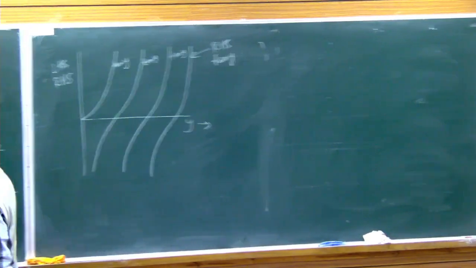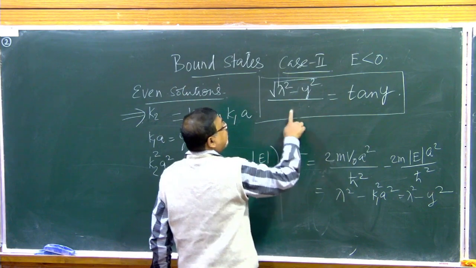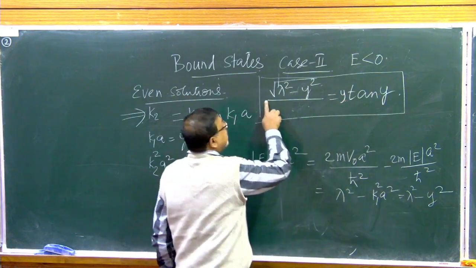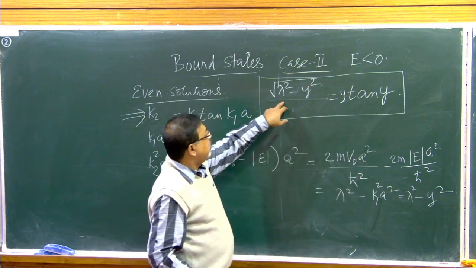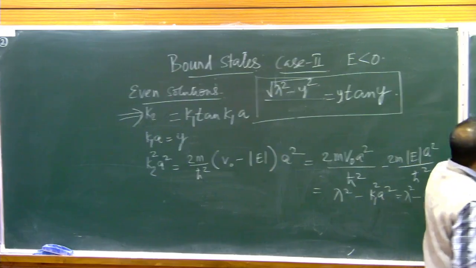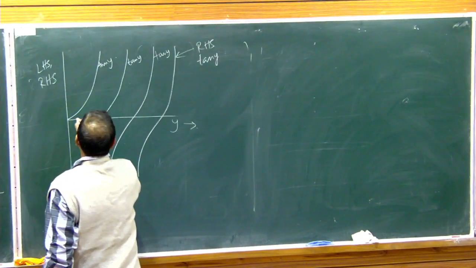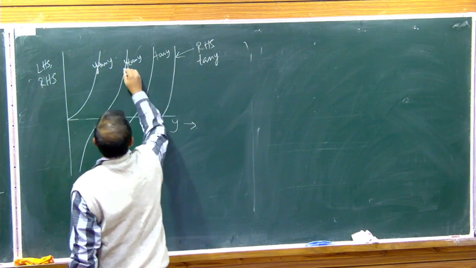Can we just come to this part of the board? So we have converted it into this equation, which is root over lambda square minus y square equals y tan y, and that's why you plot not tan y but you plot y tan y here.